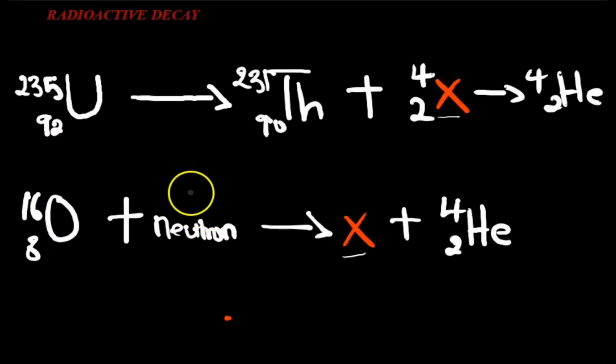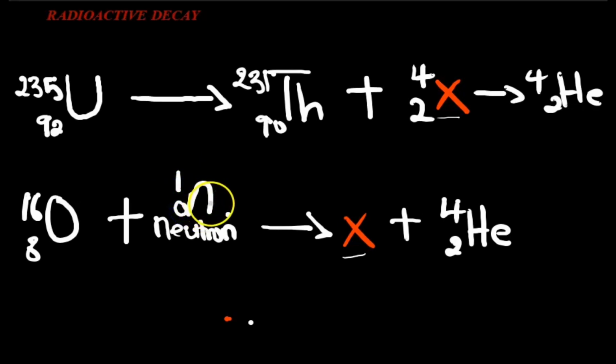So back to our question, our neutron particle we placed here has a mass number of 1 and atomic number of 0. Now, remember our fundamental principle, that to balance a nuclear reaction, the right hand side must be equal to the left hand side in both atomic number and mass number.